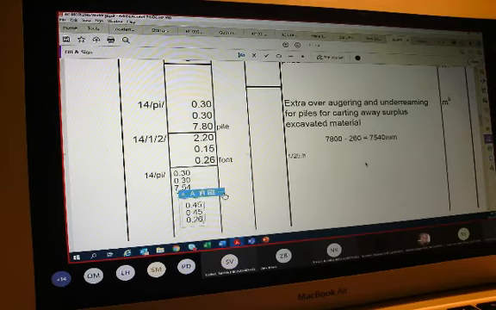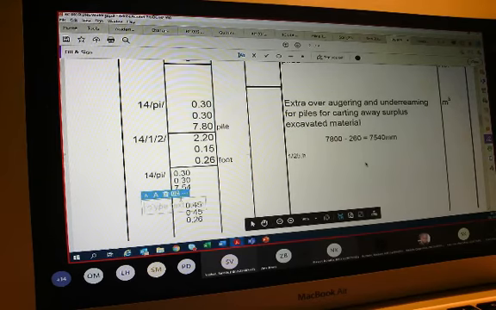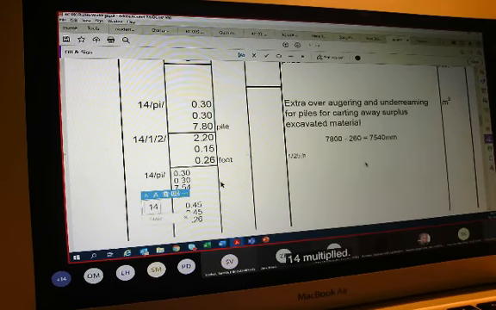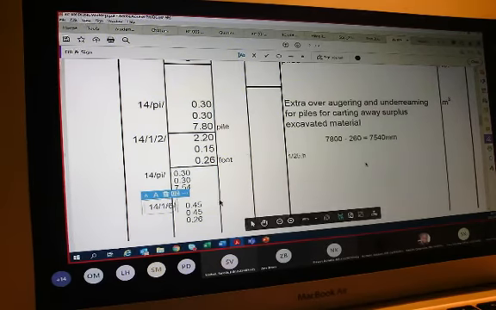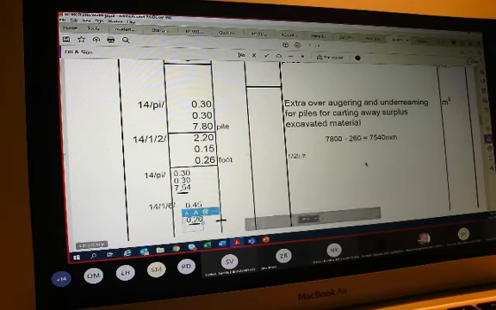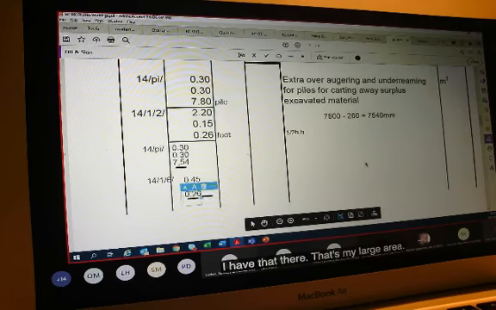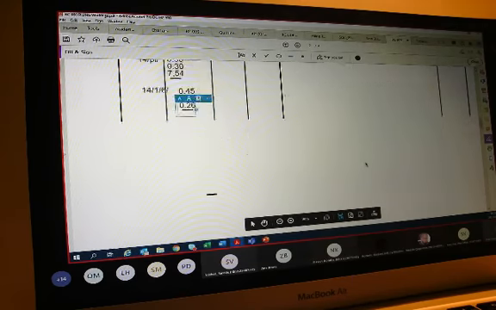And then I can go in and say over here 0.45, 0.45, 0.26, and all of that is multiplied by 14, multiplied by 1/6.